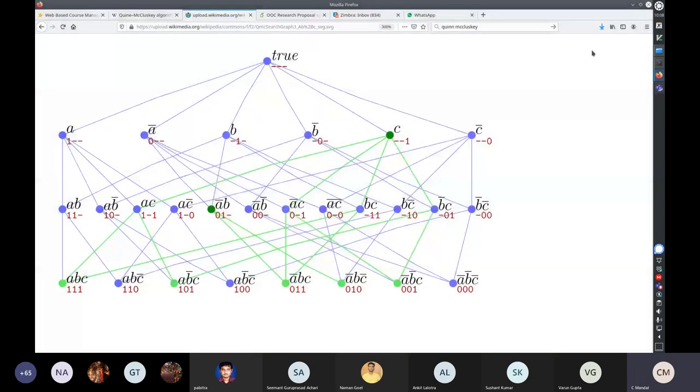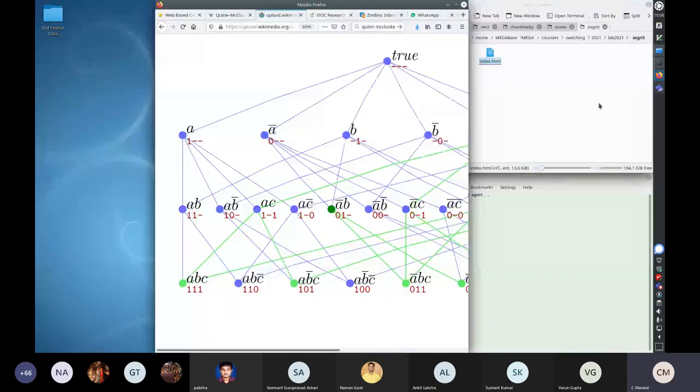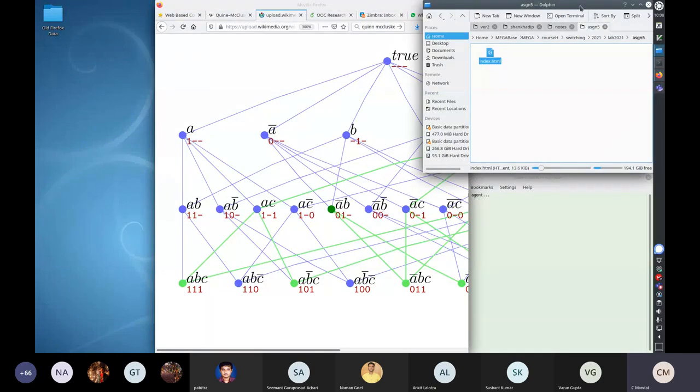I don't know whether this can be opened using external. I'll just try.